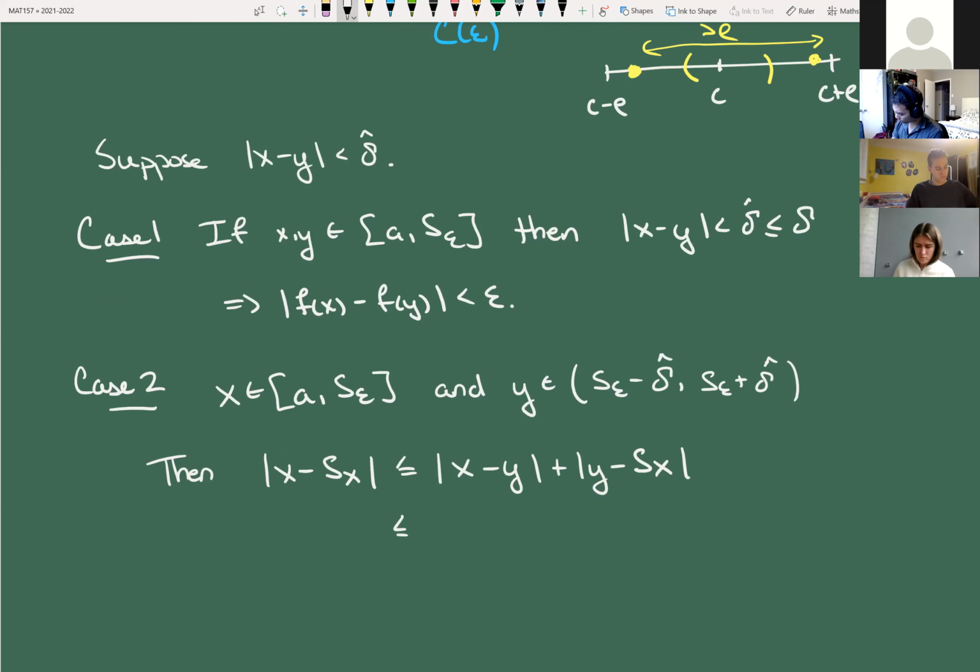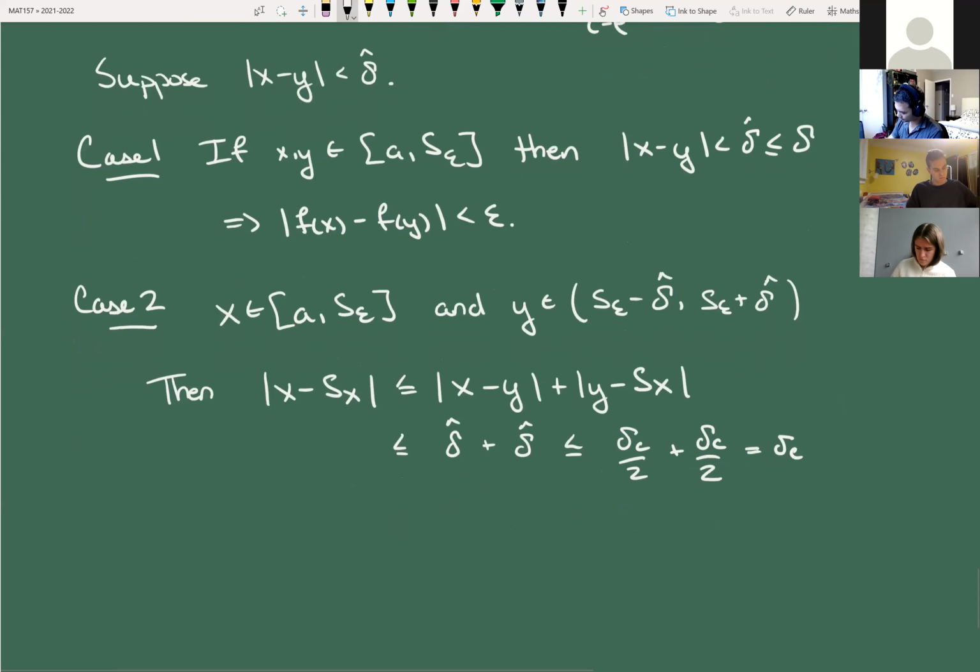Okay, so |x - y| is going to be less than delta hat. And then |y - s_x| is also less than delta hat. So that's less than or equal to delta c over 2 plus delta c over 2 equals delta c.